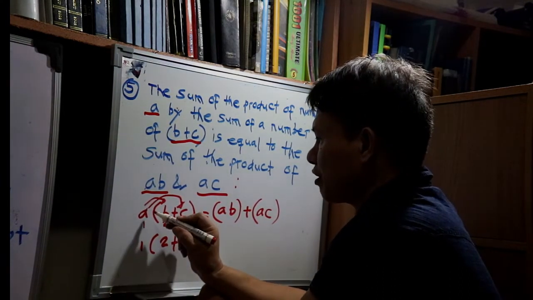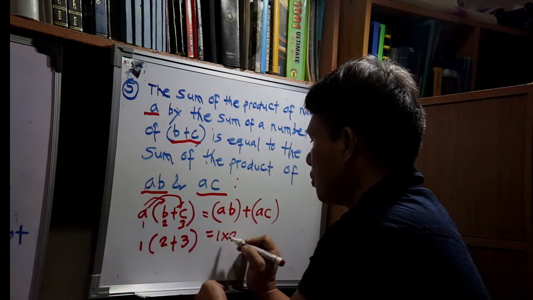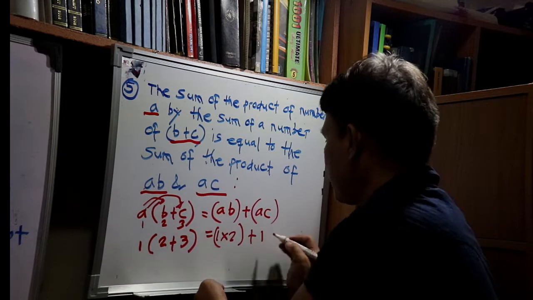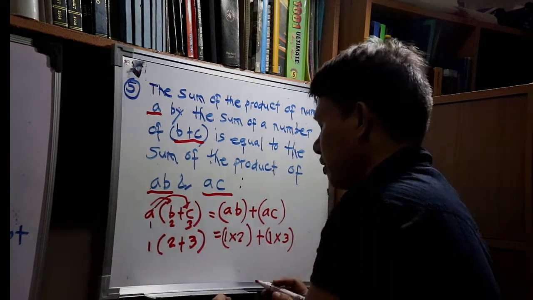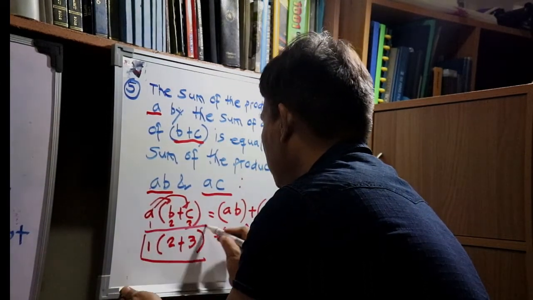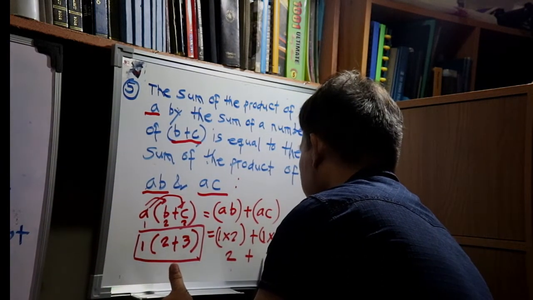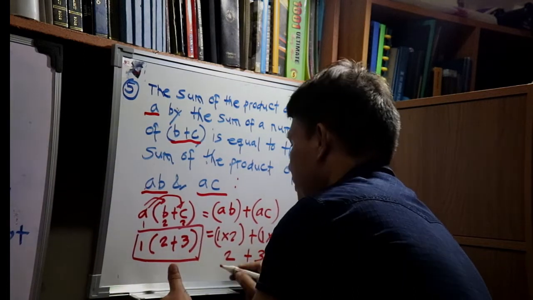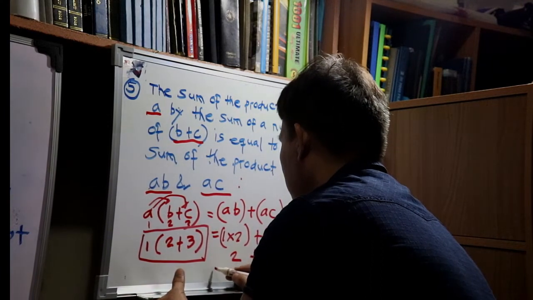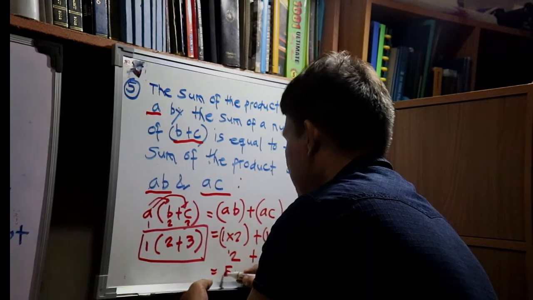AB, we're going to associate A and B. We have 1 times 2 plus 1 times 3. Now 1 times 2 is 2, plus 1 times 3 is 3. Okay? Now, 2 plus 3 is 5.